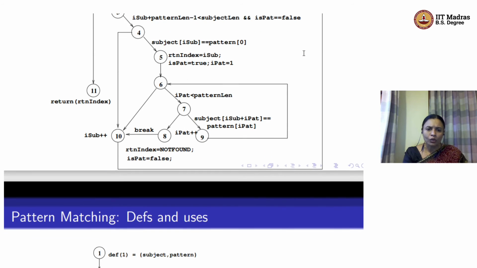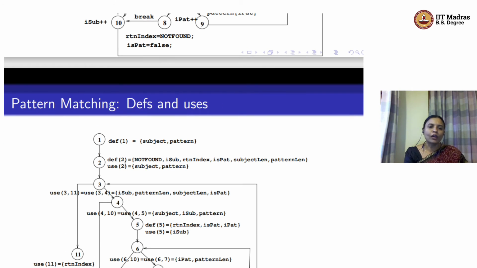So the use of that edge, use of 3, 4, which is the same as the use of 3, 11, because it's the same predicate that is being checked. It returns true, then you take the edge 3, 4. It returns false, then you take the edge 3, 11. So use of the edge 3, 4 is the same as use of the edge 3, 11, which are all these values: I sub, length of the pattern, length of the subject, and this Boolean flag.